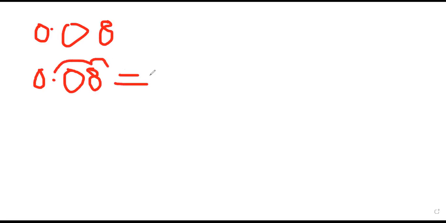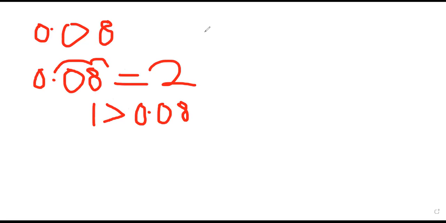If you have 0.08, here we will move the point till the end. 1, 2, 2 jumps. Is the number greater than 1? No, it's not greater than 1. So we will write the power as minus 2.